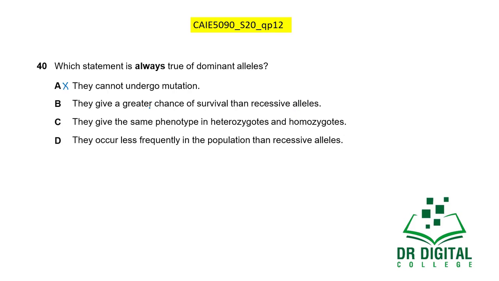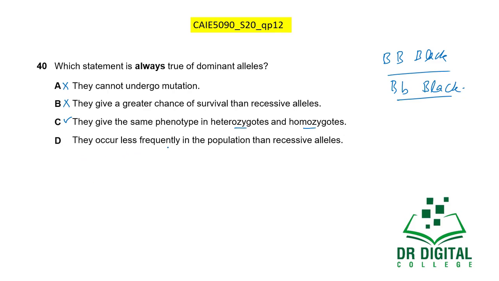It's not giving a greater chance of survival. So B is wrong. They give the same phenotype in heterozygous and homozygous condition. Yes, that is true. Whether it is capital B, black, or capital B small b, it will be black. The same black will be there whether it is homozygous or heterozygous. So C can be correct.